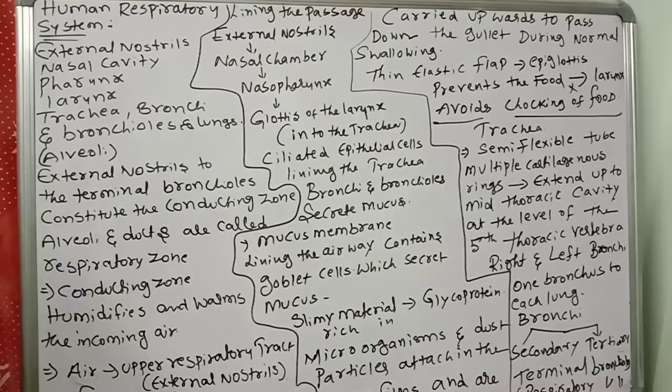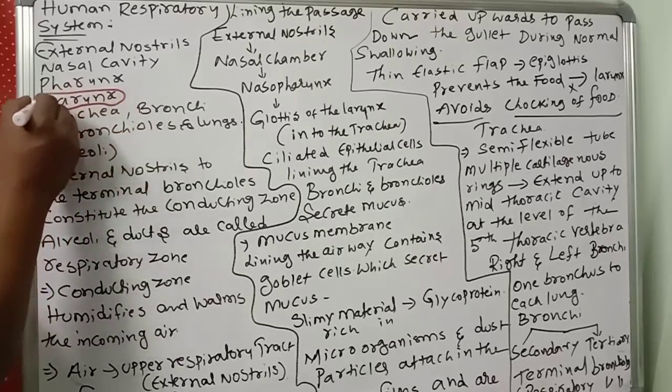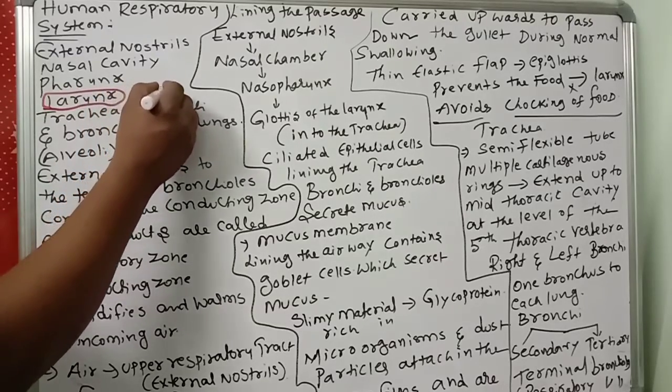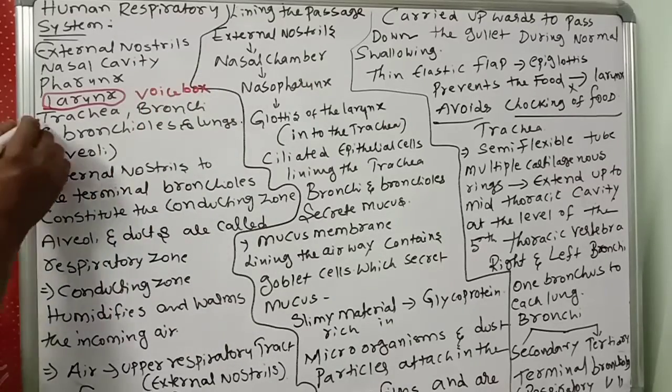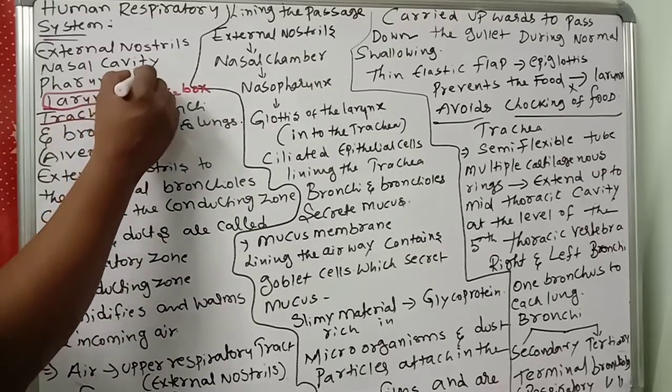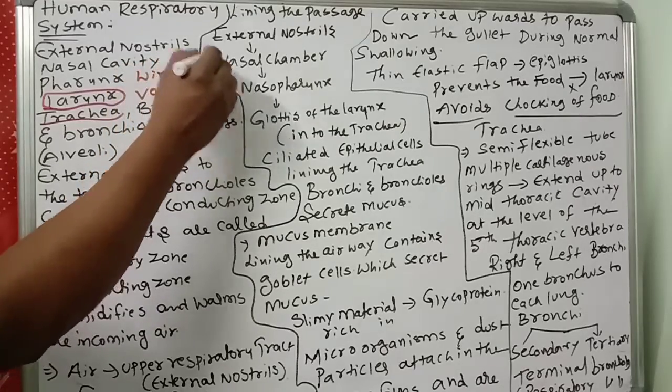You know very well which one is called the voice box and which one is called the windpipe. So here I am writing that, underlining this. The larynx is called the voice box, and the trachea is called the windpipe.